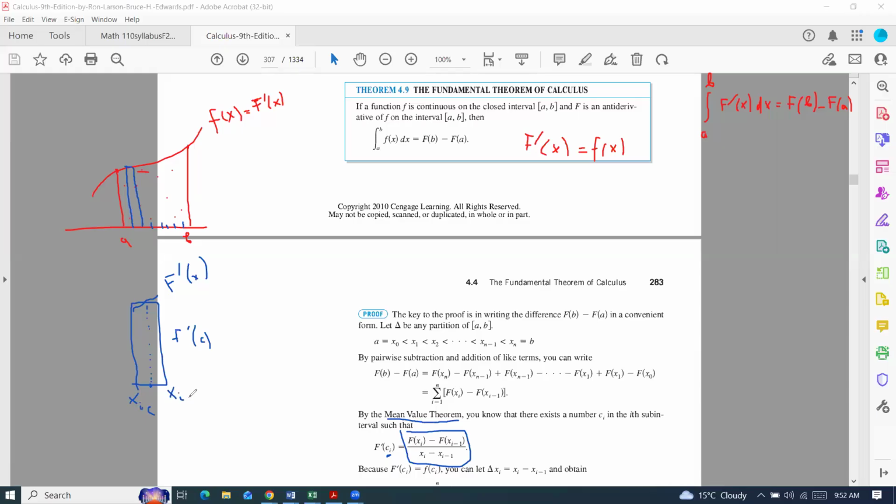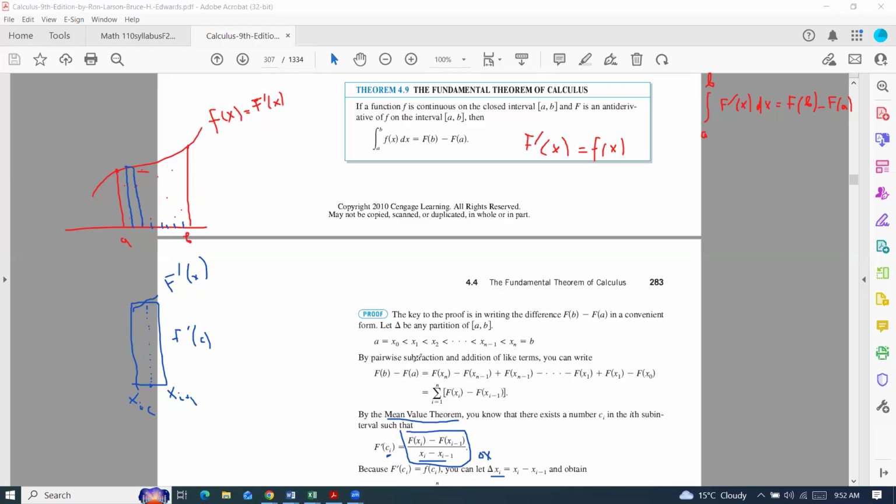And then the gap is the difference of this, which is also called delta x on the bottom for convenience. Delta x is fine. So that's how they turn this into, and divide by delta x, and that's actually the formula for the derivative. Remember, last time we saw f of x plus delta x minus f of x over delta x, that was the definition of the derivative. So that's the mean value theorem.